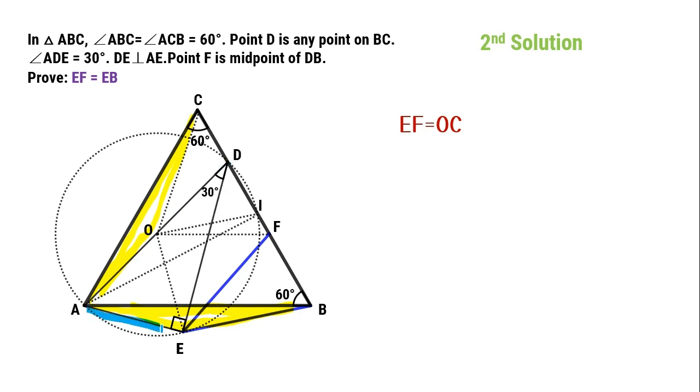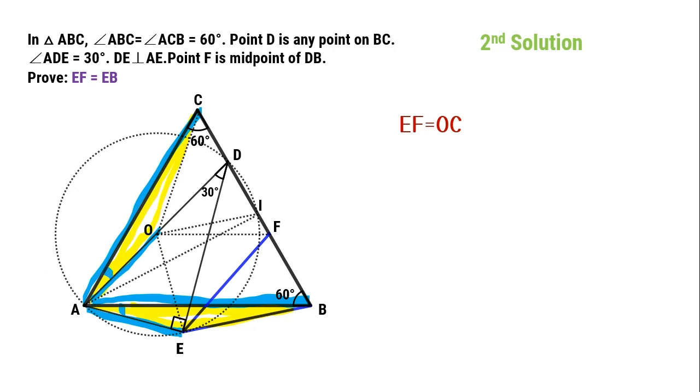AE equals AO. AB equals AC. These two angles are both 60 degrees. So angle EAB equals angle OAC.